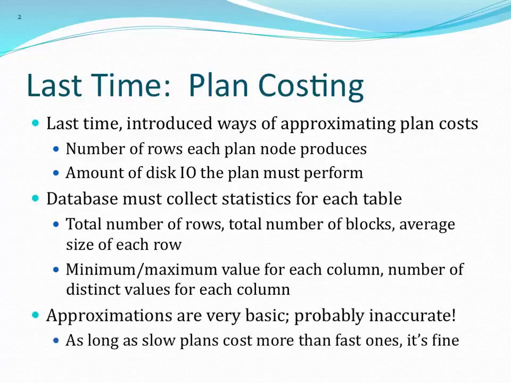And of course, the approximations are usually inaccurate, but as long as we have this characteristic that slow plans cost more than fast plans, we're fine. We can just say, we have these two plans, we compute this magical cost, and the cost for this plan is 231, and this other plan's cost is 95, so I'll pick the 95 one, and lo and behold, it's actually faster.